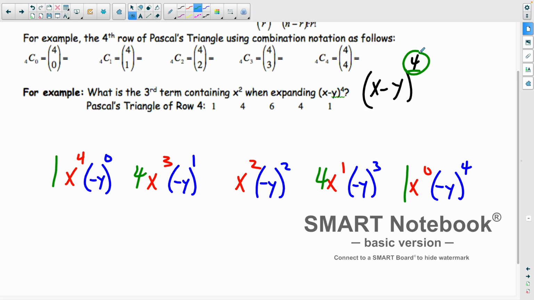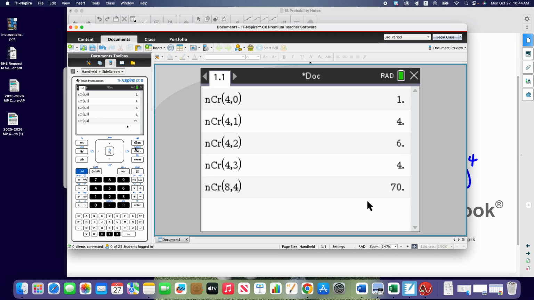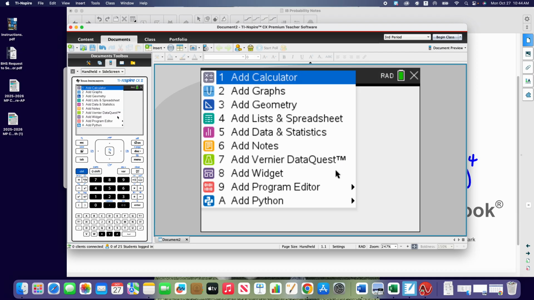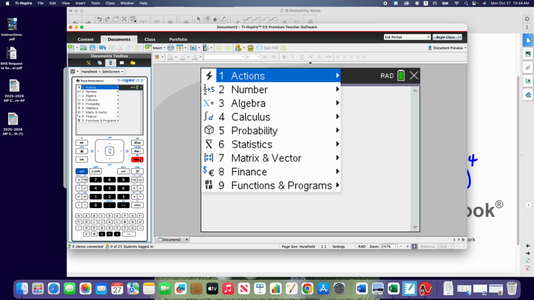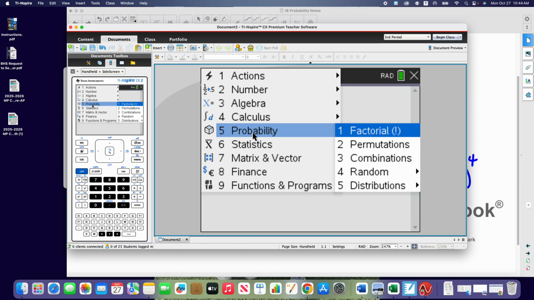So I can go do this in my calculator. Instead of doing the Pascal's triangle, I can go in my calculator. I'm going to clear this real quick. I'm going to go on, go new, and no, I'm not going to save that. If we just go to our normal calculator, we were in menu and probabilities where we were at the beginning of the unit last week. Probability and combinations is where we want to be.